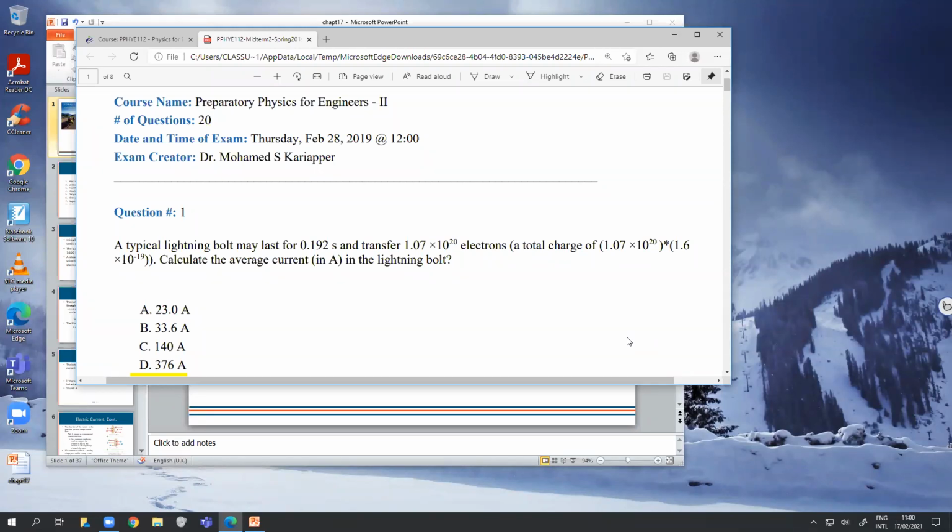Use the mic and read it to the whole class. No, not solve it. Just read the question to the whole class. I told you to read the question to the whole class.